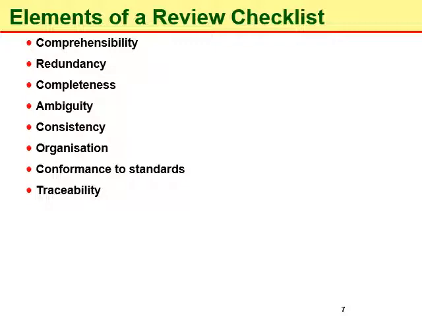Are there contradictions between individual requirements and the overall requirements of the system? Then organization: is the requirements document structured in a sensible way, and are requirements organized so that the related requirements could be grouped logically?